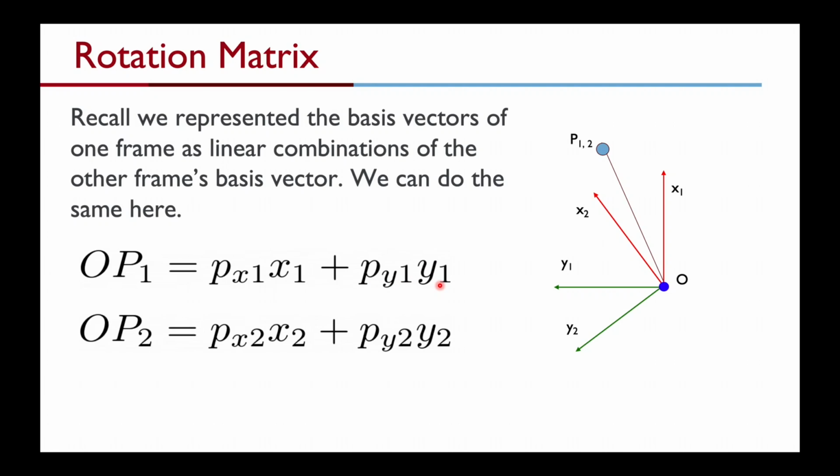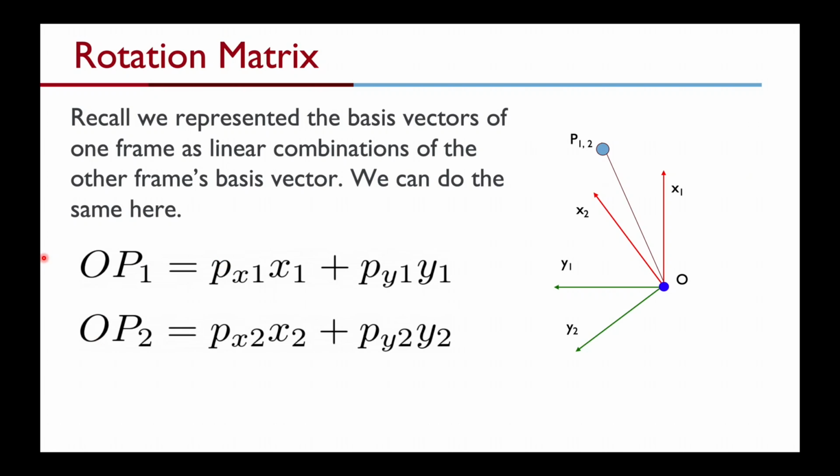Similarly, since we can go either way, this expression is for when you know the position in frame 1, but you can also say that the position of the same point in frame 2 would be a linear combination of the unit vectors in frame 2, by the same logic. And so the question becomes, if you know the one, can you figure out what the other is?